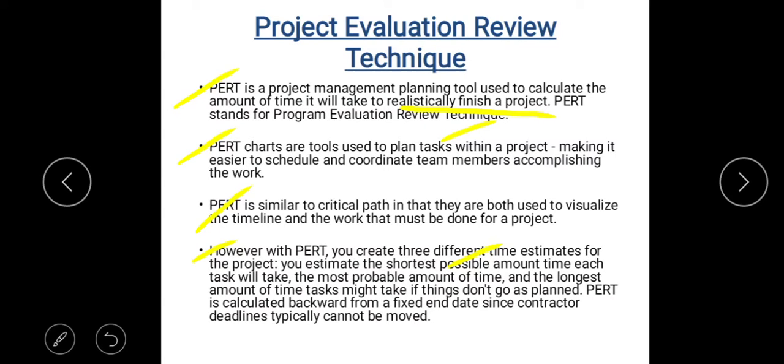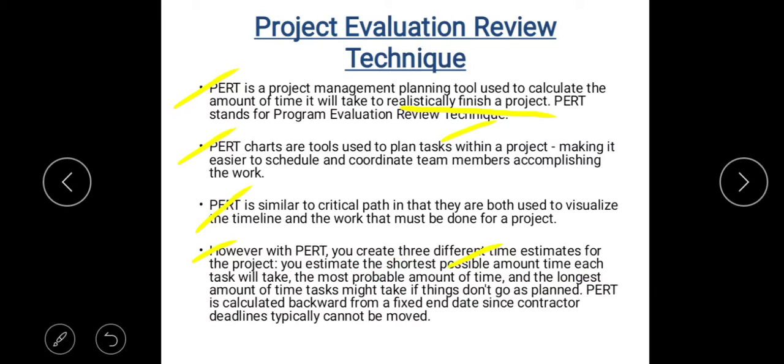First we calculate the shortest time required for a task, next the most probable amount of time, and the longest amount of time tasks might take if things don't go as planned. These are the 3 different time estimates that we calculate in PERT.